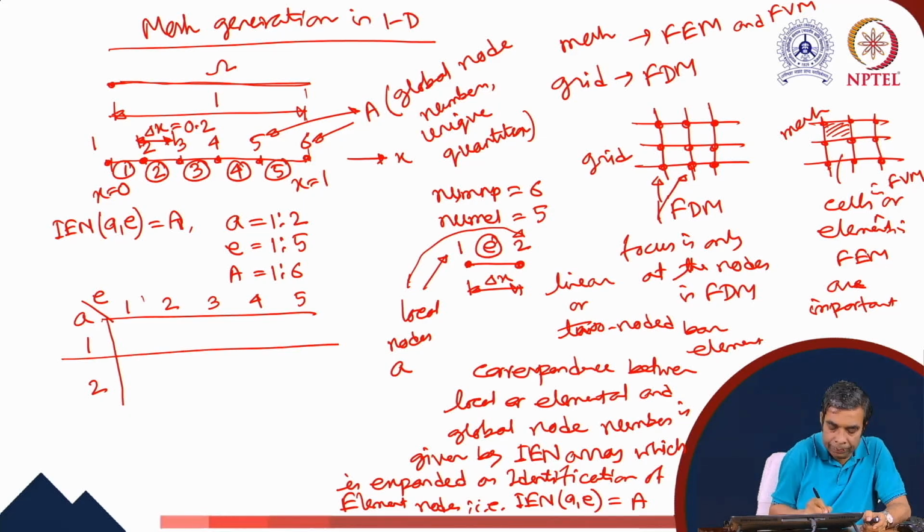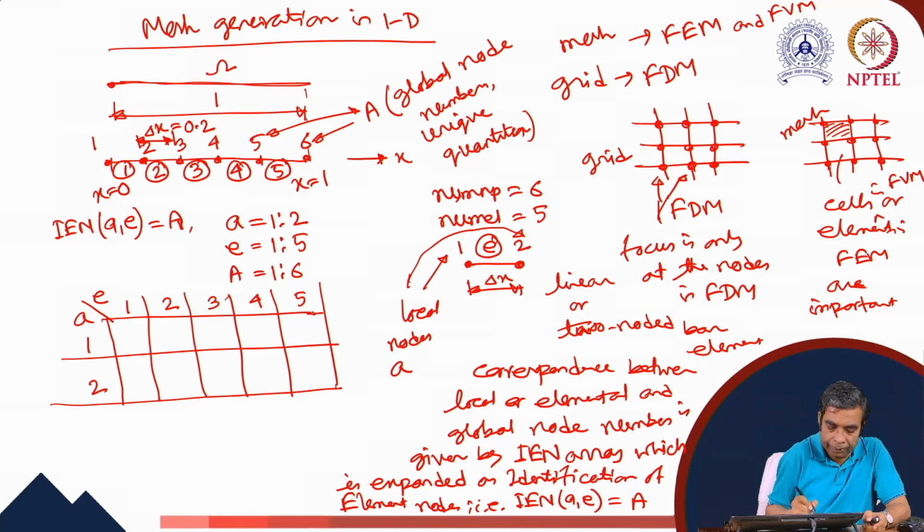So here we make this table for the first element, element 1. Our global nodes are 1 and 2. For element 1 corresponding to local node 1, global node number is 1. For the same element corresponding to local node 2, the global node number is 2, so it is 1, 2.